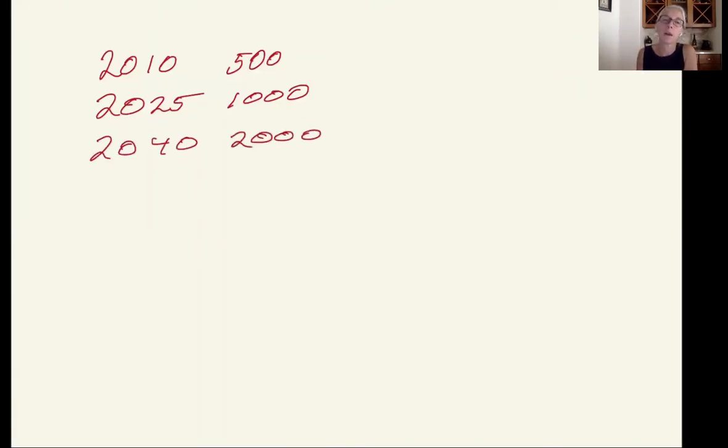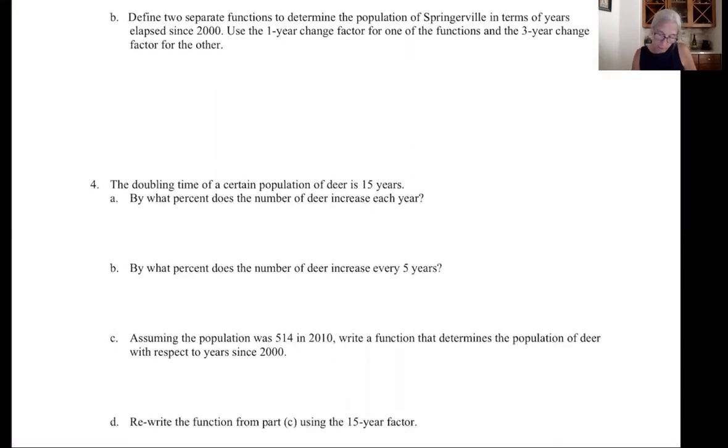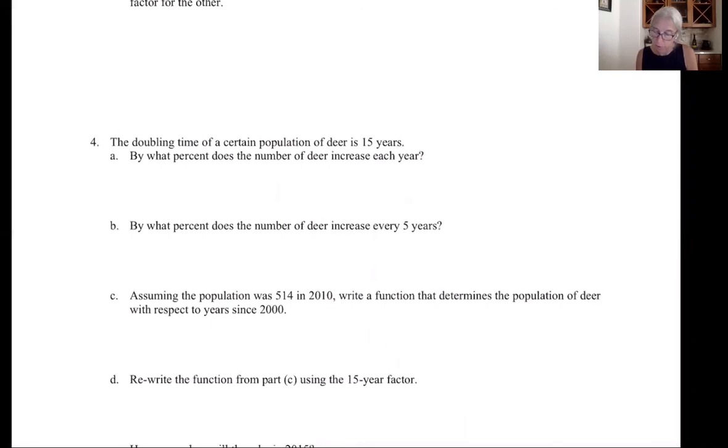That's what that means. Every 15 years, we're going to double. The question, though, isn't asking us that. The question's saying to find by what percent does the number of deer increase each year.